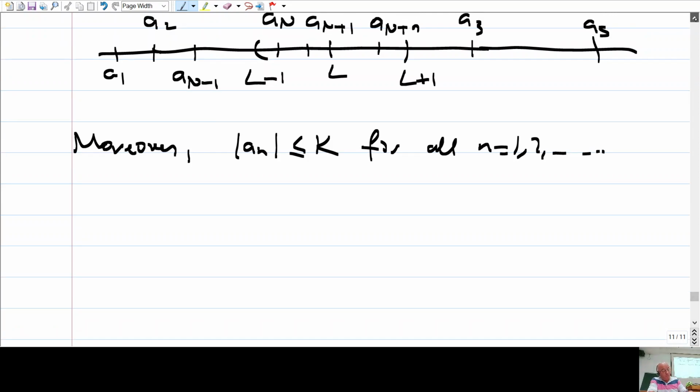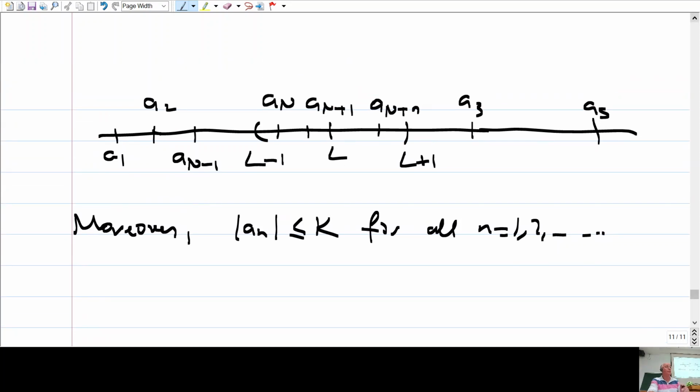So here we have seen that if a sequence is convergent, then it must be bounded. Say it in a different way: if it is not bounded, then it cannot be convergent.